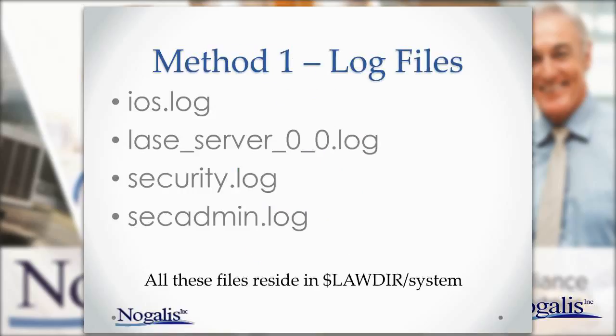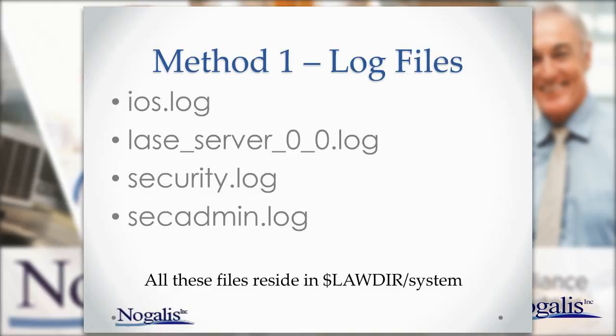Jumping right into it, from a debugging standpoint, obviously the first thing we're all used to is the log files that are sitting out there. These are the log files that have something to do, at some level, with security, in the order that I think are important.